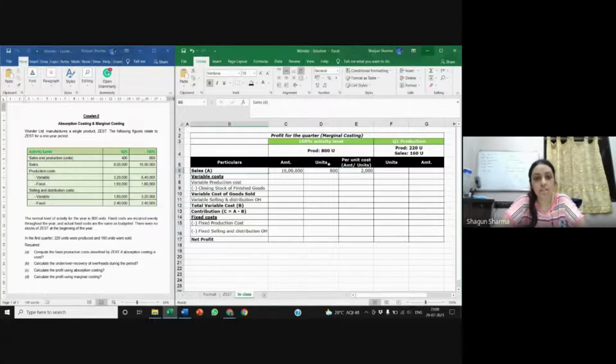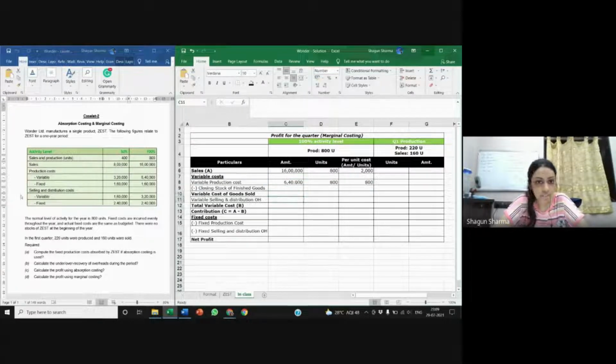Okay. Now, as per my marginal costing format, I have to record my variable costs first. The variable cost of production here is 6,40,000. So let's record that. Again, I divide by 800 units, so my per unit variable cost is 800 rupees.